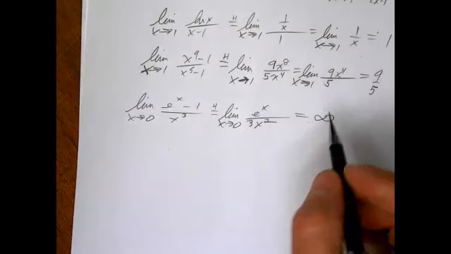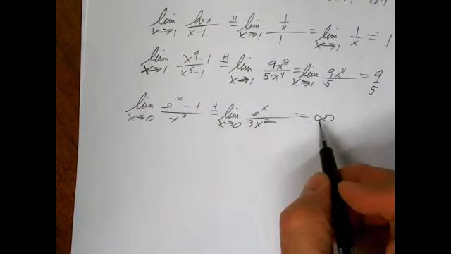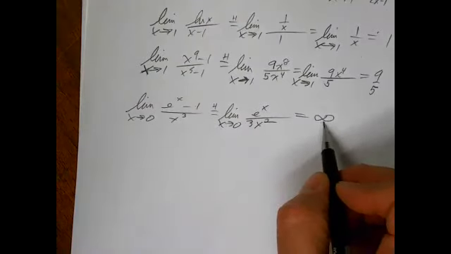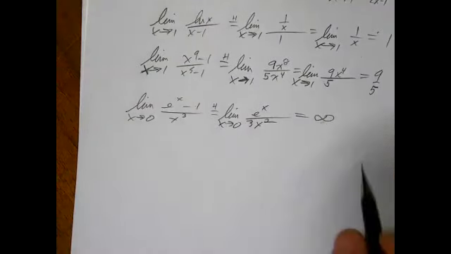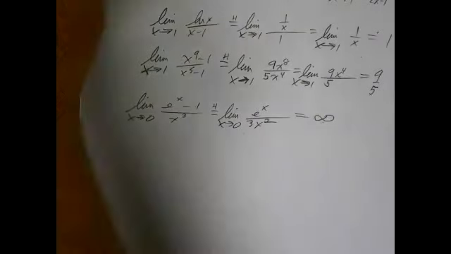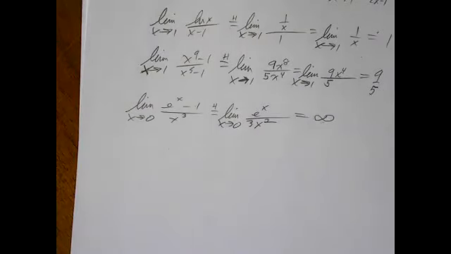So what that implies is this is a positive infinity. Again, a non-zero value on top of a 0 means you're heading towards one of your infinities.